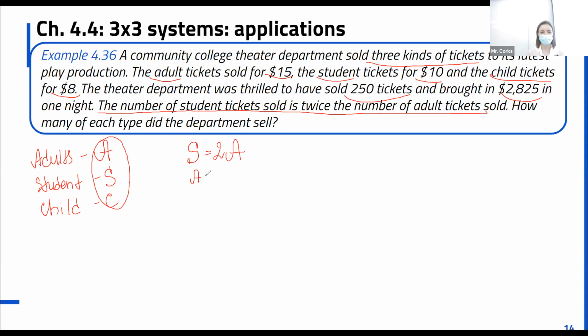So A plus S plus C equals 250. And then about the price. We have adults, the most expensive ones, a bit cheaper for students, and the cheapest for children, which overall costs this number.